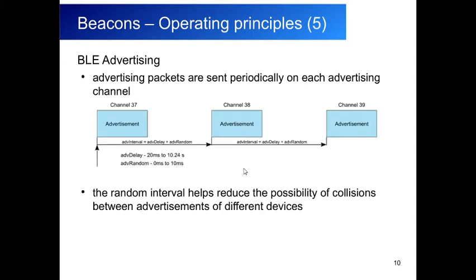So the advertising packets, you see that they are sent periodically, but the time interval is not always the same. There's an average delay, which is typically set to a constant value, from 20 milliseconds to more than 10 seconds.